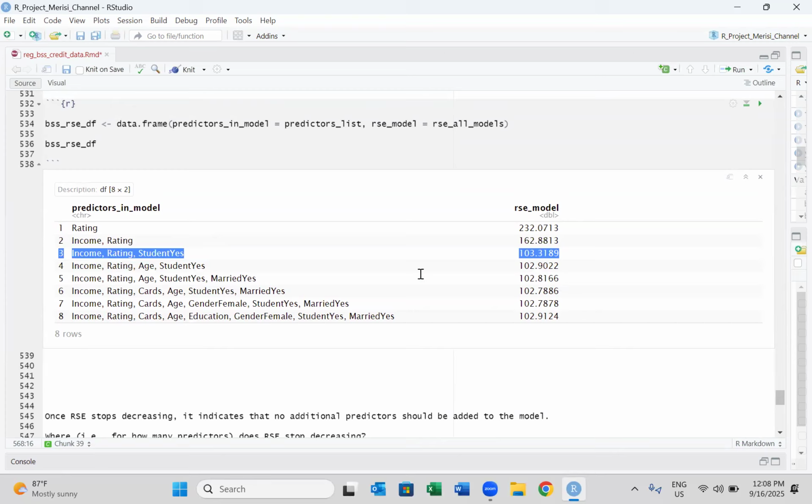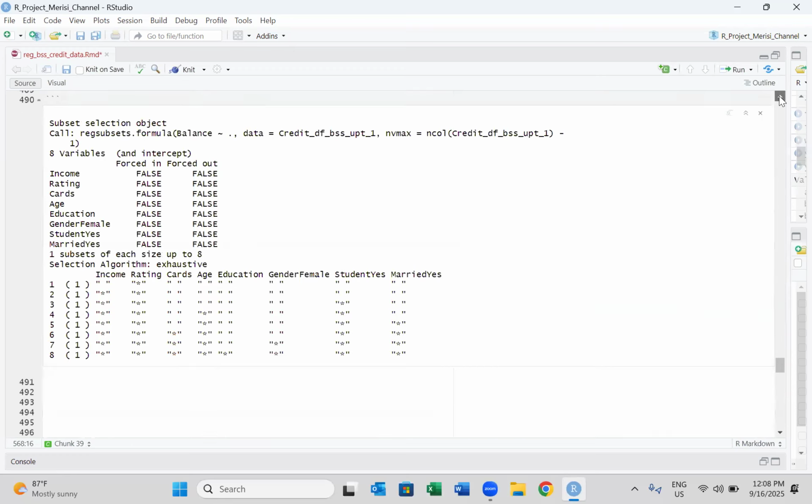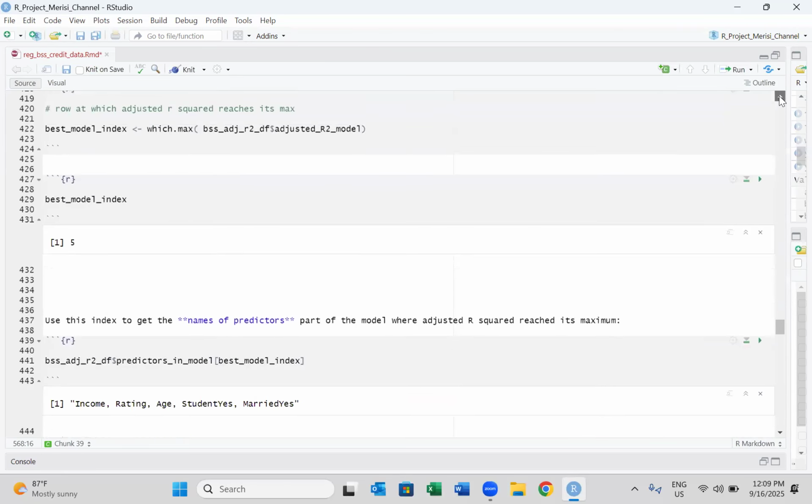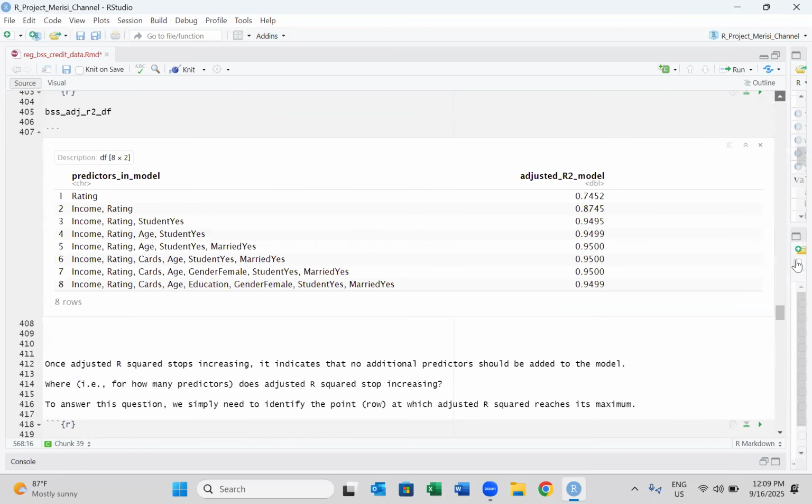Notice that the decrease in RSE after that is very, very small. When we go from income, rating, student yes to income, rating, student yes and age, the decrease is from 103.31 to 102.90. So, a slight decrease. And if we look at adjusted R-squared, the same thing happens. Let's take a look at adjusted R-squared quickly.